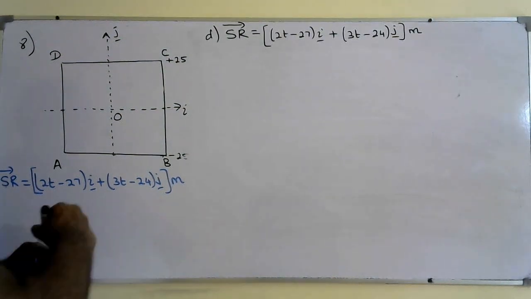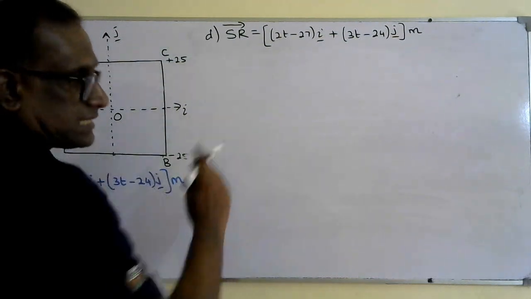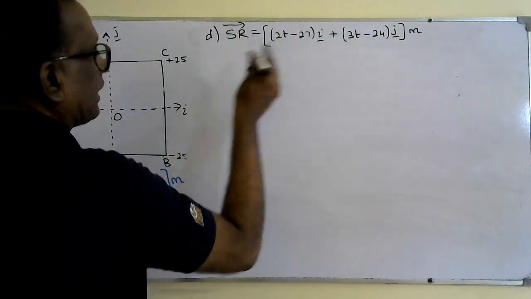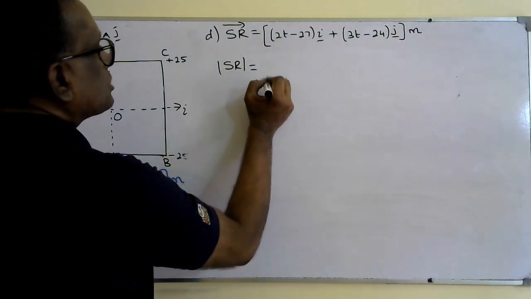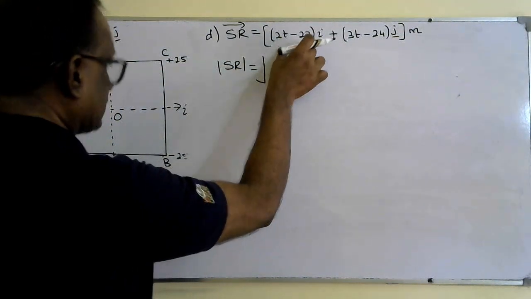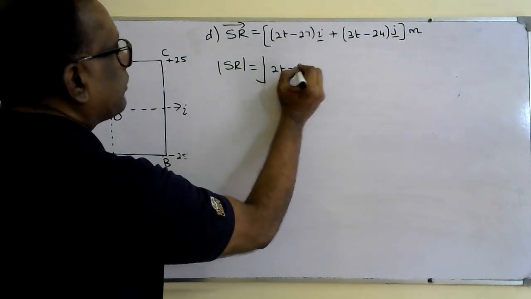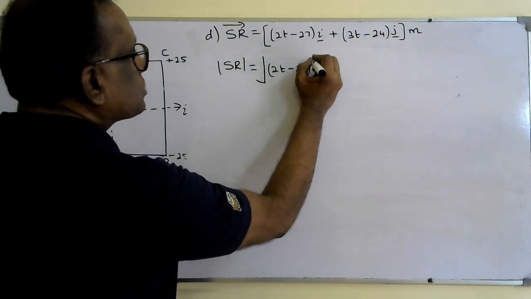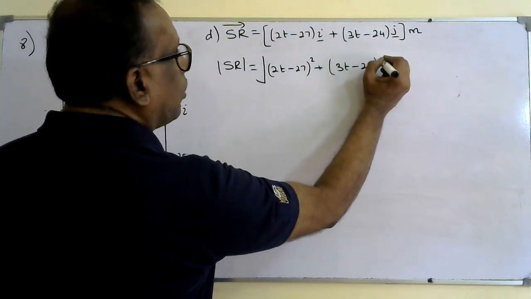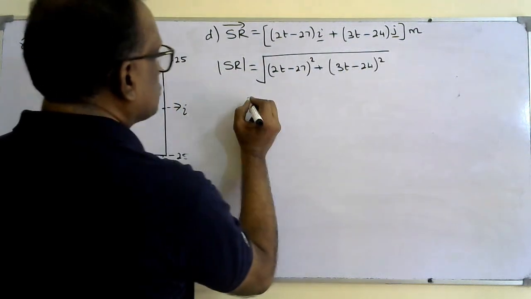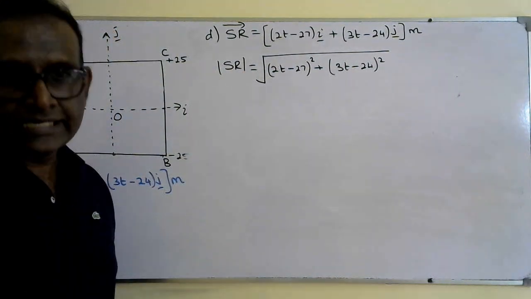So the modulus of SR is equal to the square root of (2t minus 27) squared plus (3t minus 24) squared. That modulus of SR gives the distance between S and R.